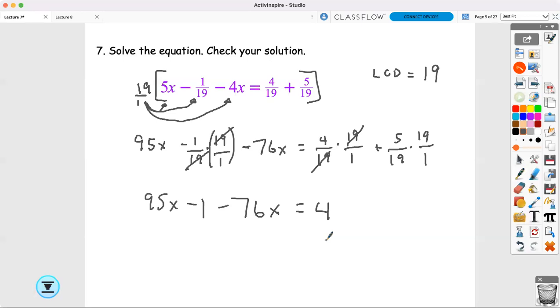All right, let's take a look at the second fraction here. Same rule applies, right? The 19s cancel. We're left with plus 5 over 1, which is just 5.